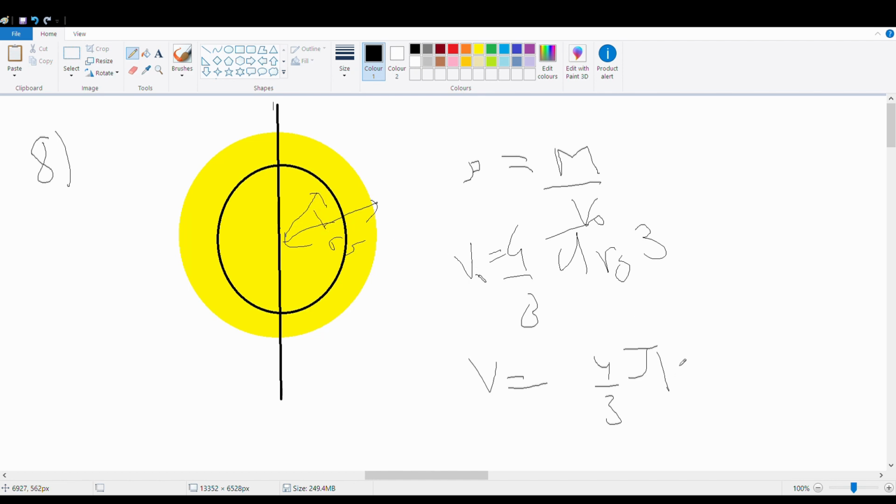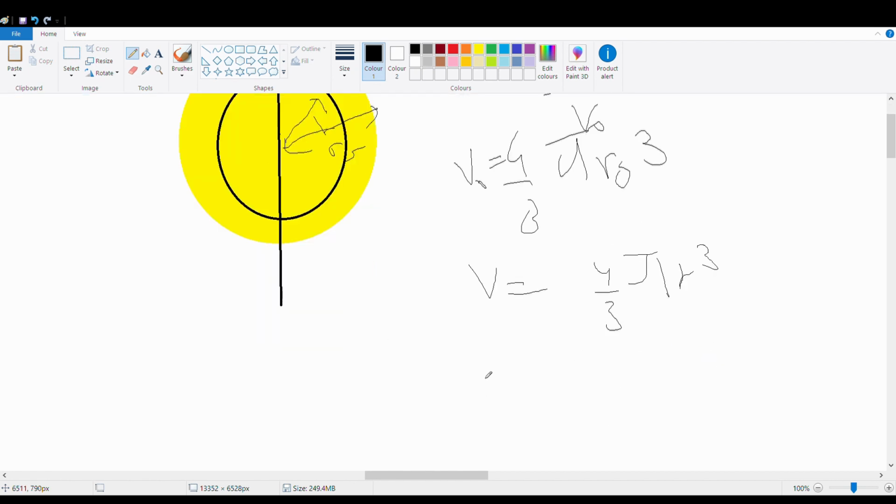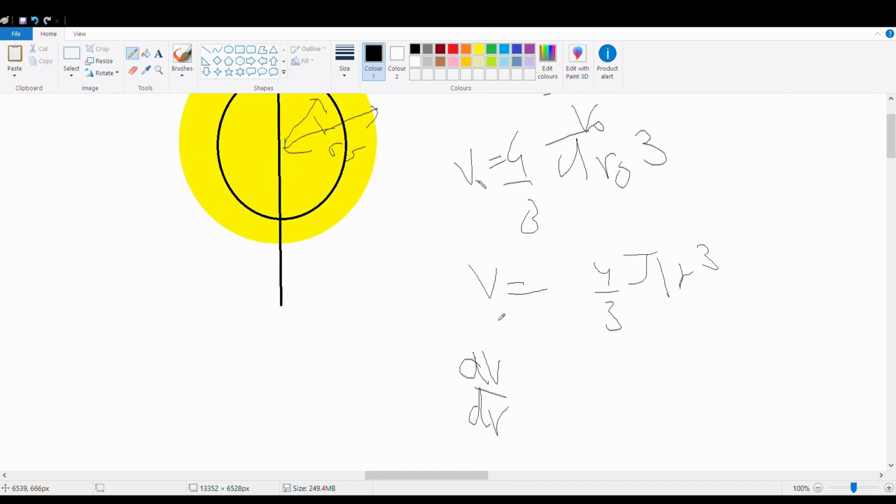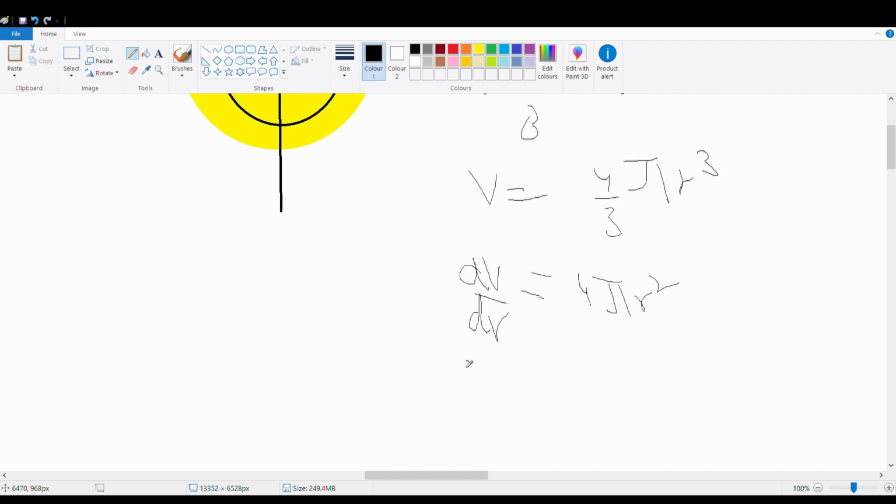So dv by dr, the infinitesimal change in volume as you increase the radius by dr, would be 4 pi r square. Written as dv, it is 4 pi r square dr.